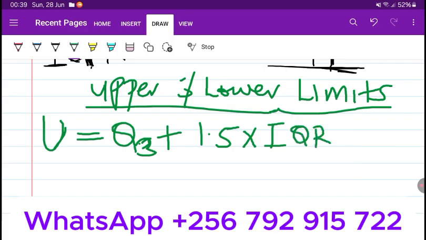Then for the lower limit, I'm going to use L. The lower limit is equivalent to Q1, the lower quartile, minus, for the lower we deduct, the 1.5.